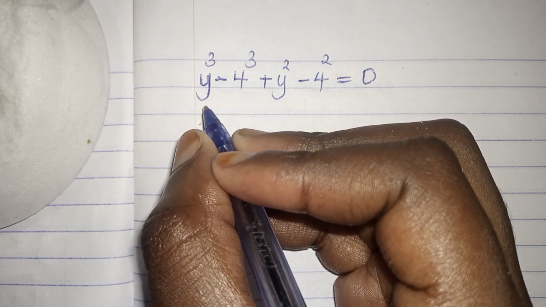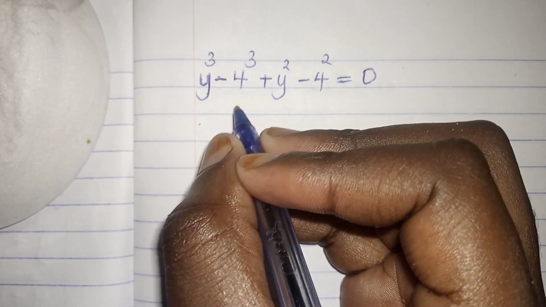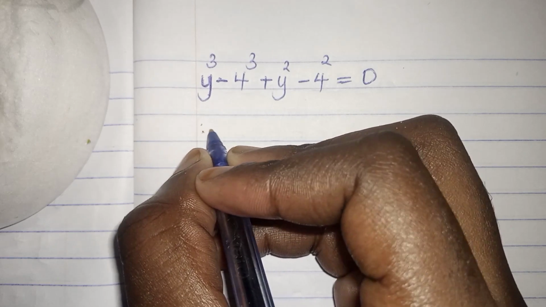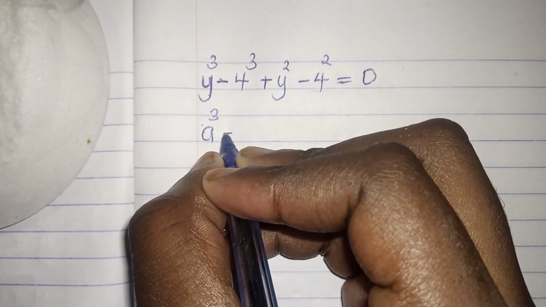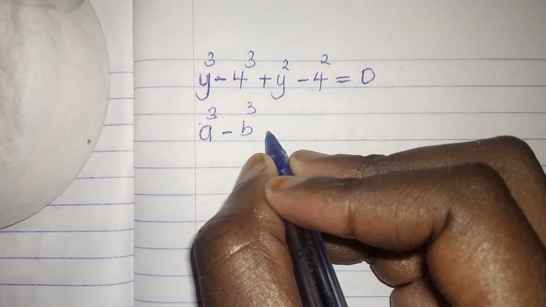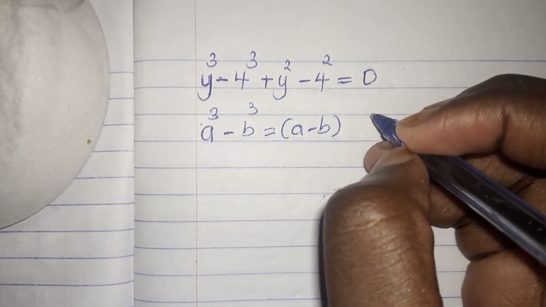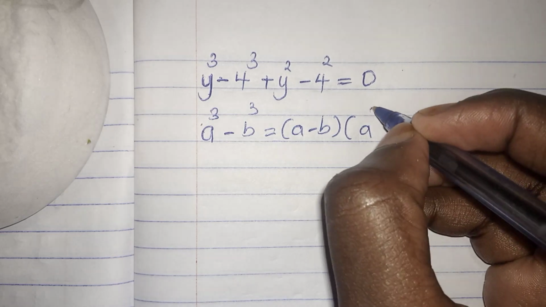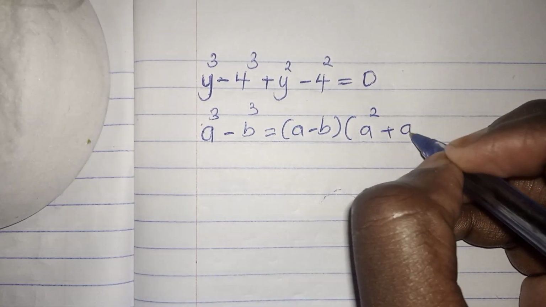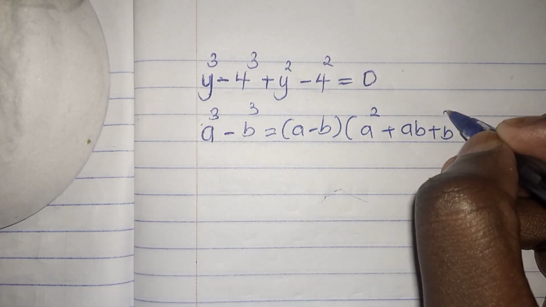So we will present y cubed minus 4 cubed as a cubed minus b cubed, which is the same as writing a minus b into a squared plus ab plus b squared.